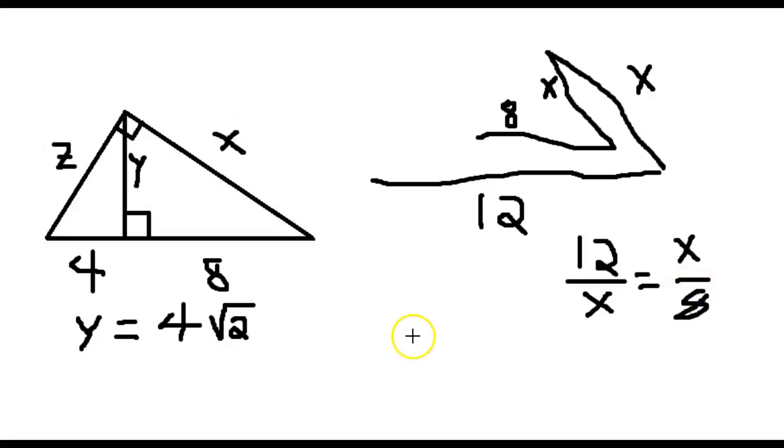And if we cross multiply, we get x squared is equal to 12 times 8. But I'm going to write these in semi-prime factorized form. 12 is equal to 4 times 3. And 8 is equal to 4 times 2.